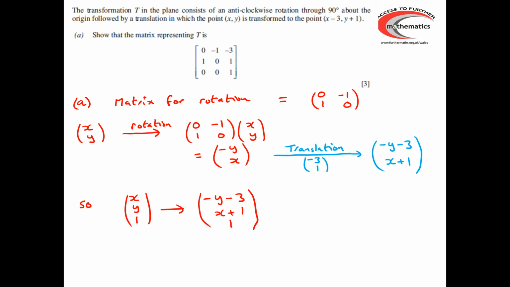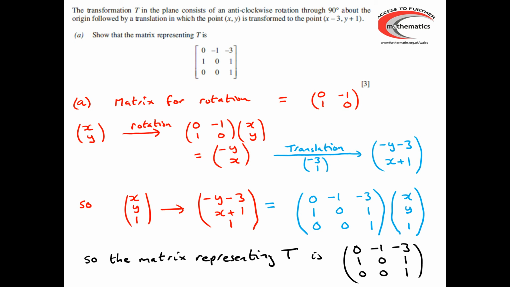So the point x, y, 1 has ended up as -y -3, x plus 1, 1, and we can represent that in terms of the matrix 0, minus 1, minus 3, 1, 0, 1, 0, 0, 1 times x, y, 1. So the matrix representing the transformation is the one that we were given.